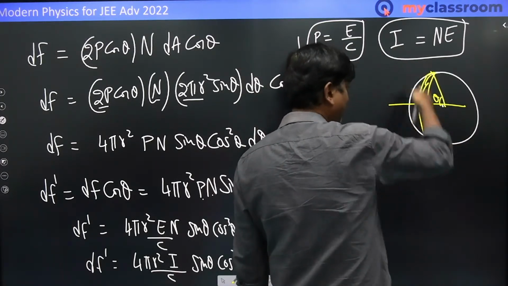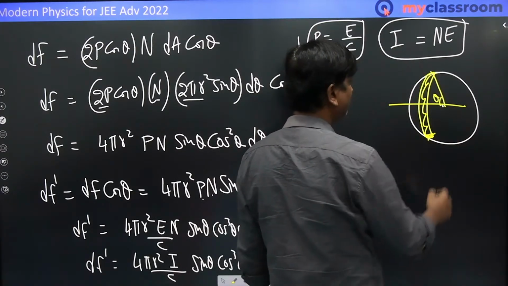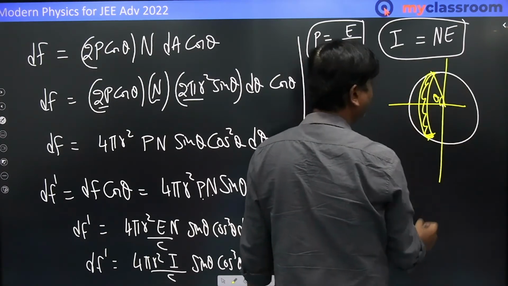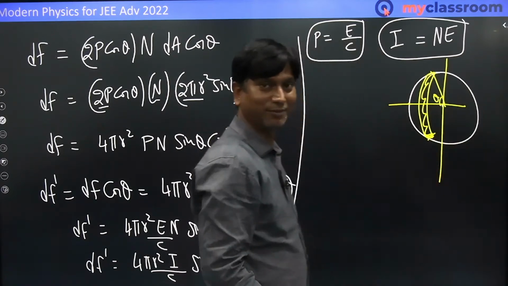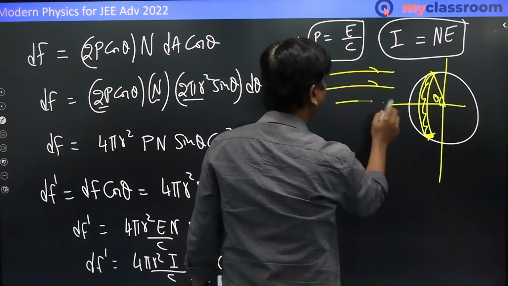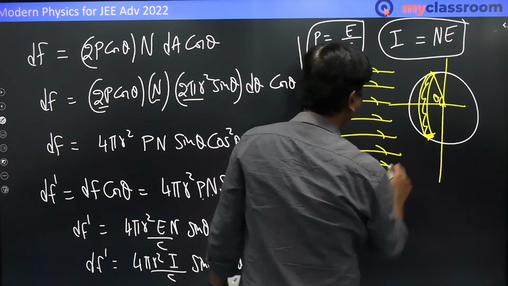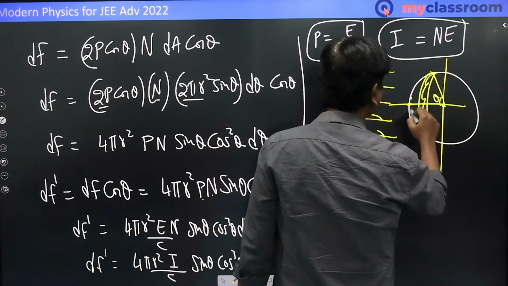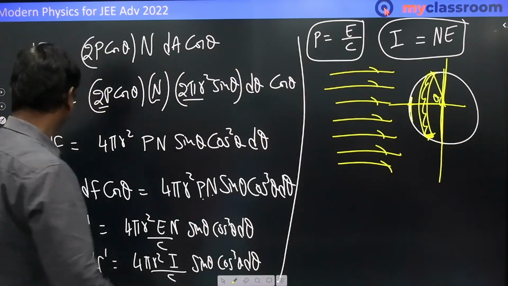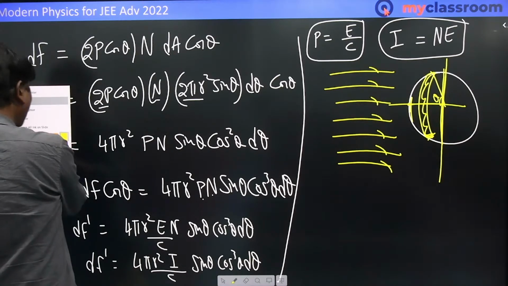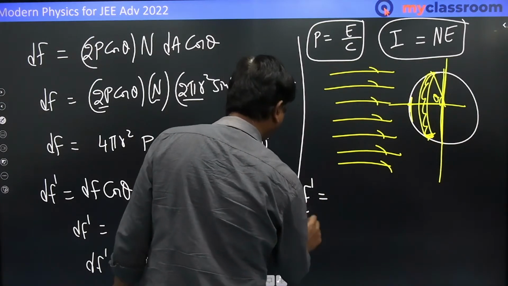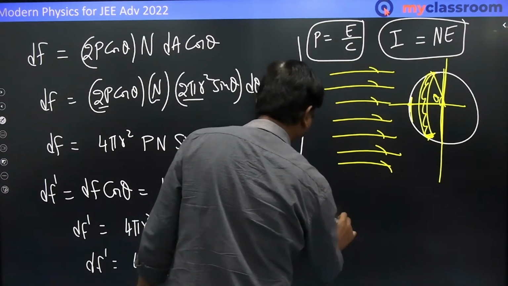If I just cut it like this, I can take such strips with theta varying from 0 to 90, because force will not exert on the other side anyway, since photons are falling like this. So simply integrate from theta equal to 0, you will get this strip, to the last strip where theta is 90. Integrate this from 0 to 90 to get the total force F prime, this is the final answer.